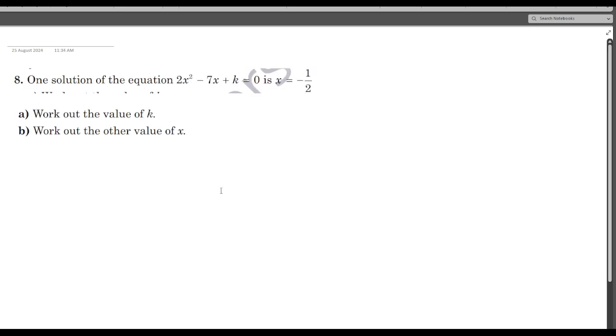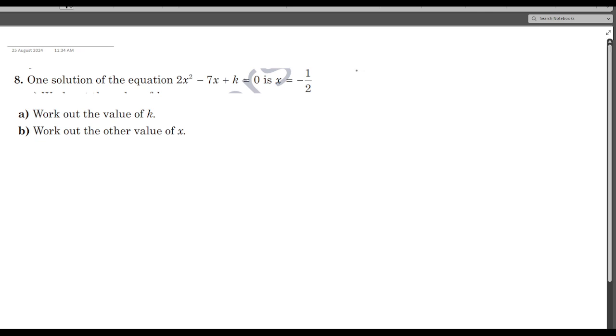Question number 8. One solution of the equation 2x square minus 7x plus k is 0 is x is equal to minus half. Work out the value of k. So x is equal to minus half is one solution. So if I replace x with minus half, it will satisfy this equation.